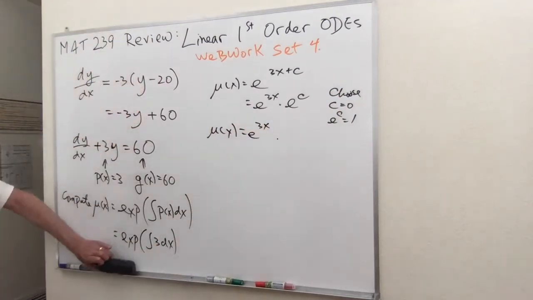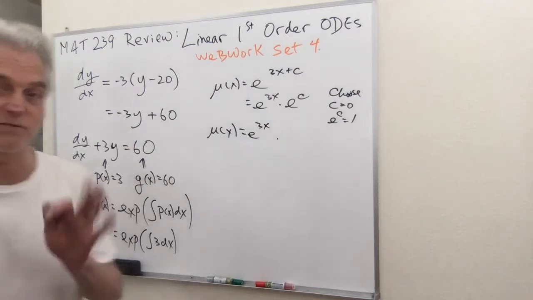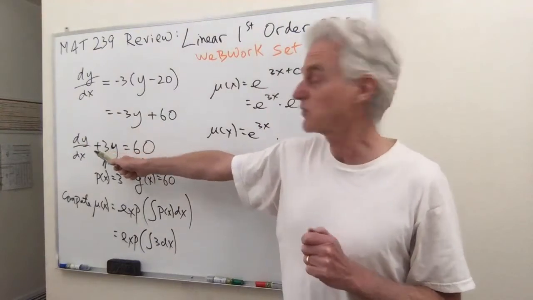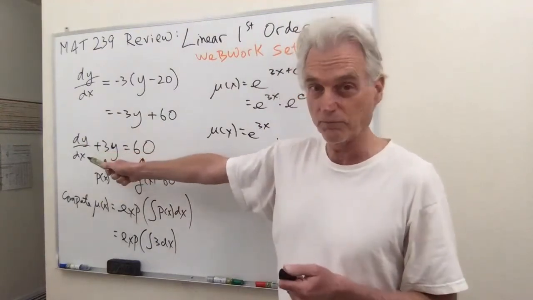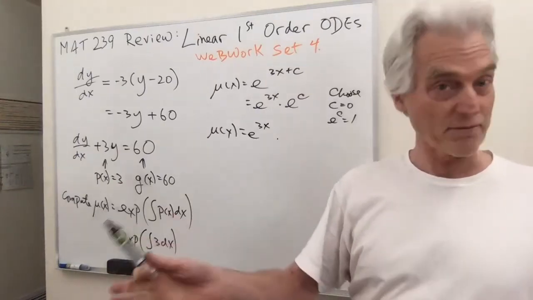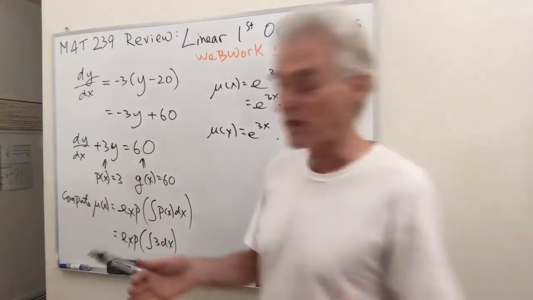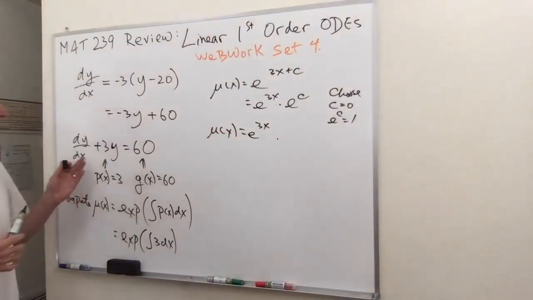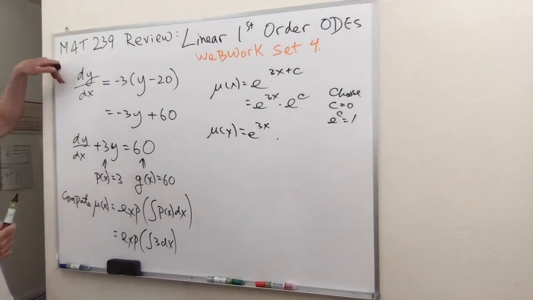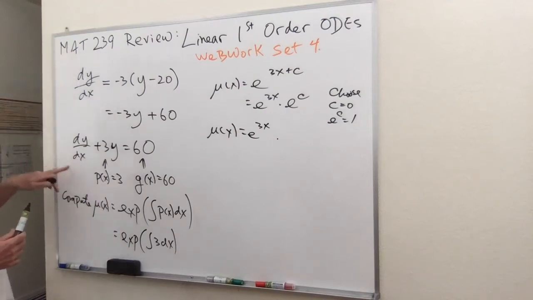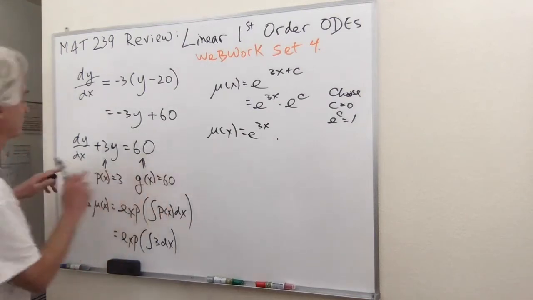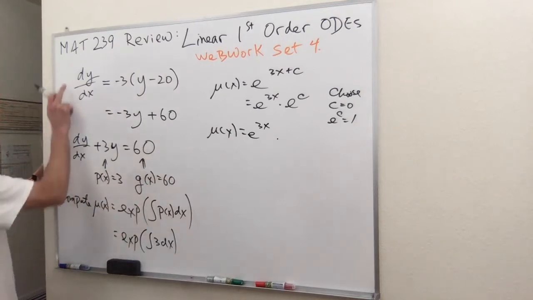I say it's a magic factor because my claim is if I multiply the differential equation in its standard form by mu, then something great happens. I'll show you that in a minute. I mention standard form because if this started out with an x in front of dy/dx and I divided through to put it in standard form, I'd have to multiply mu of x times the standard form, not the original one.